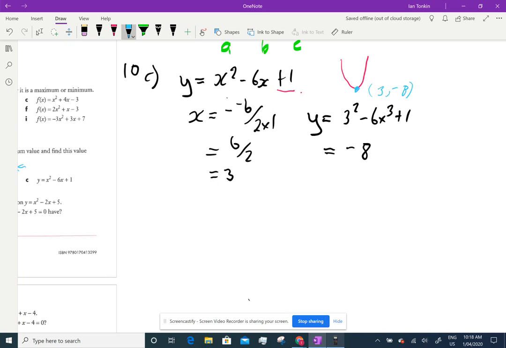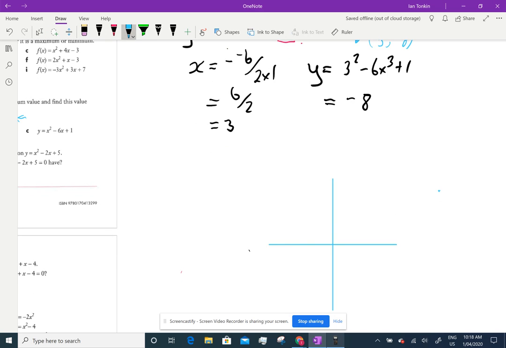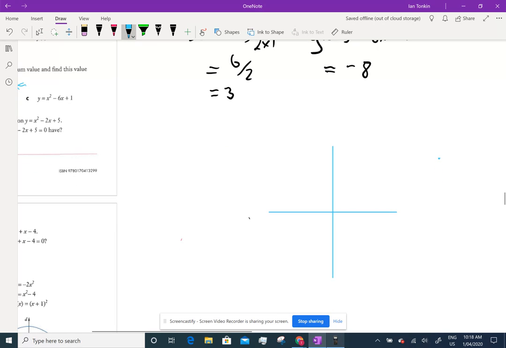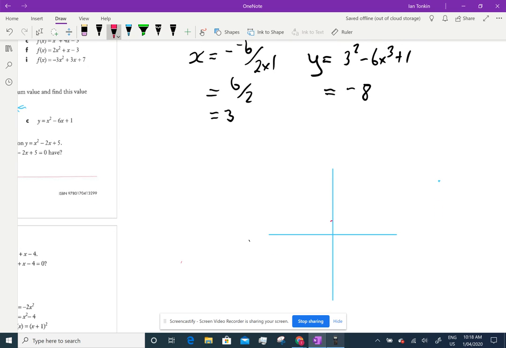So let's draw this. Look at that. Perfect set of axes. So we know this thing goes through positive 1. We know the vertex is at 3 and negative 8, so way down here.